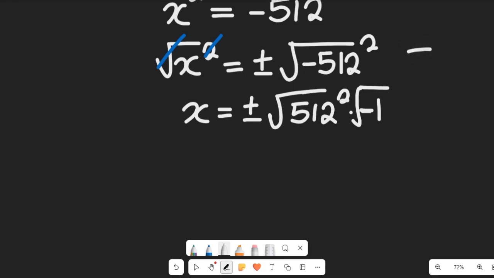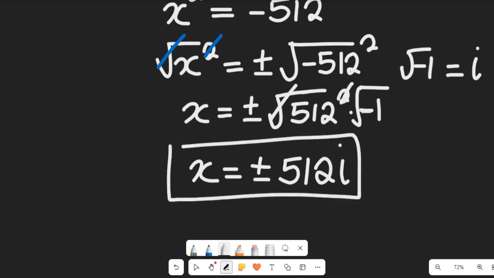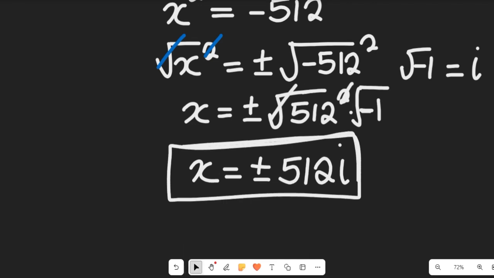I recall that the square root of negative 1 is equal to j. So we can have x equal to plus or minus, the square root here cancels out this, and then we'll have 512j. And that is the solution to this mathematical expression given to us.